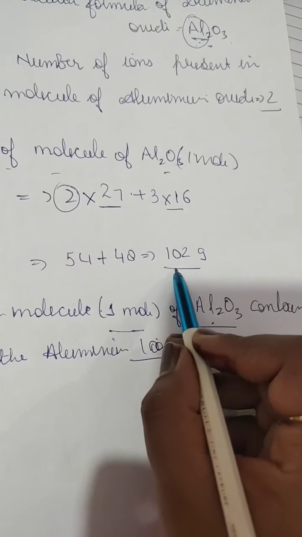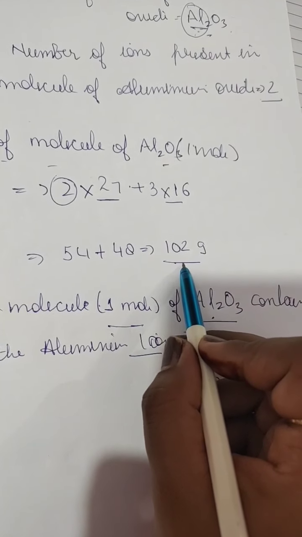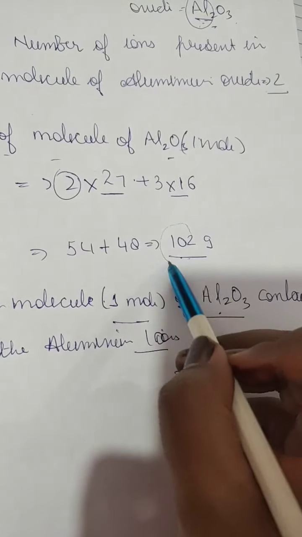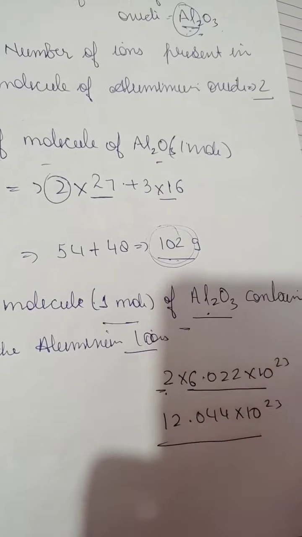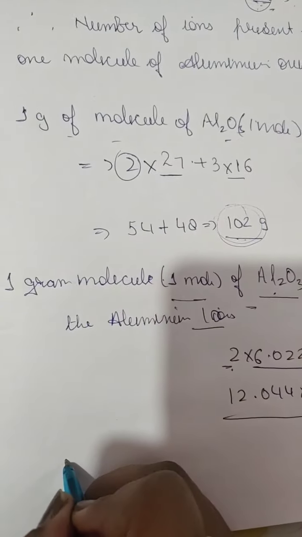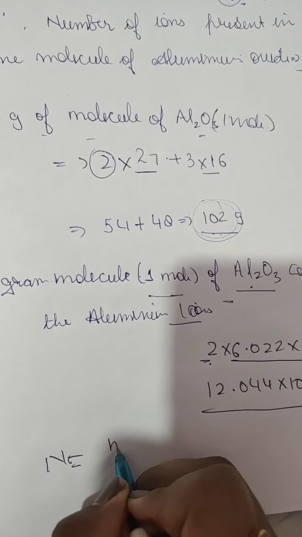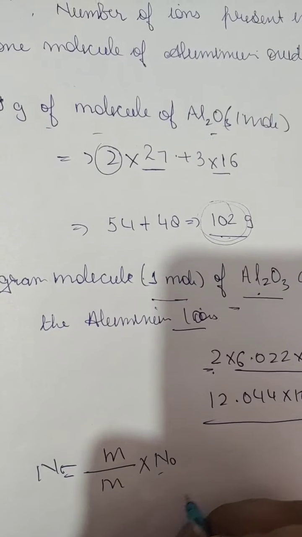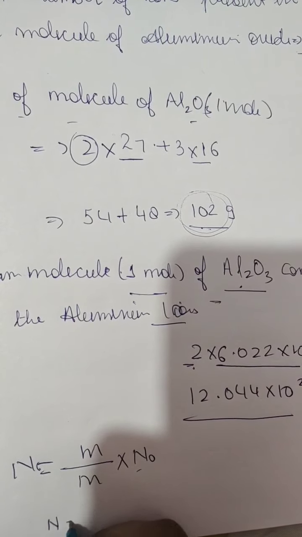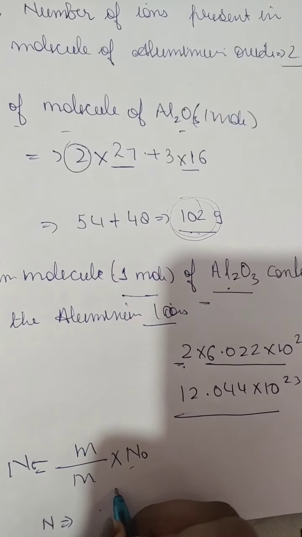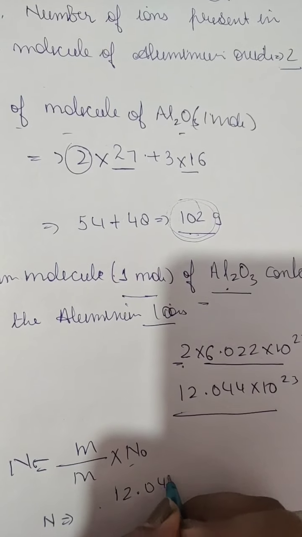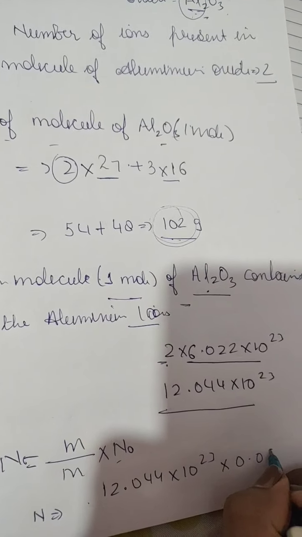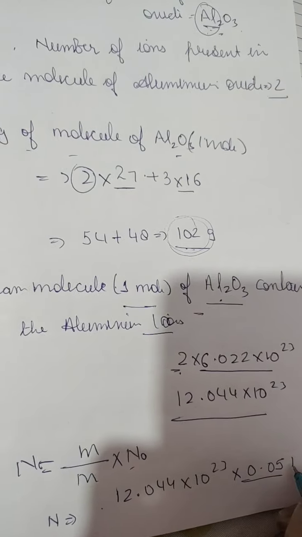So we have this number 102 grams. We have small m, and this is the molar mass, so we have capital M here. So N equals small m upon capital M into N naught. Placing the values, N equals 12.044 into 10 to the power 23 into 0.051, which is the value given in the question itself.